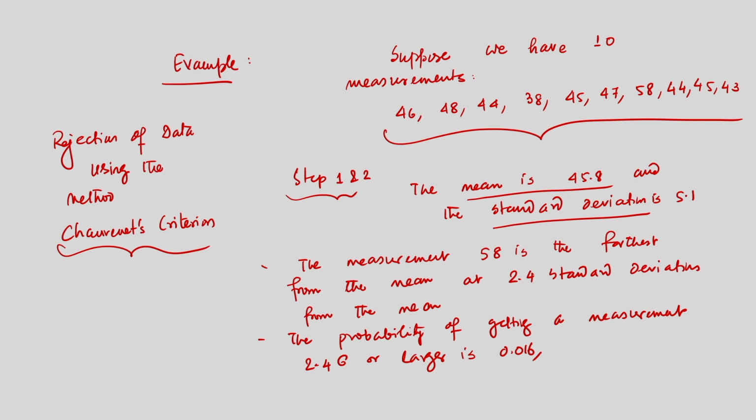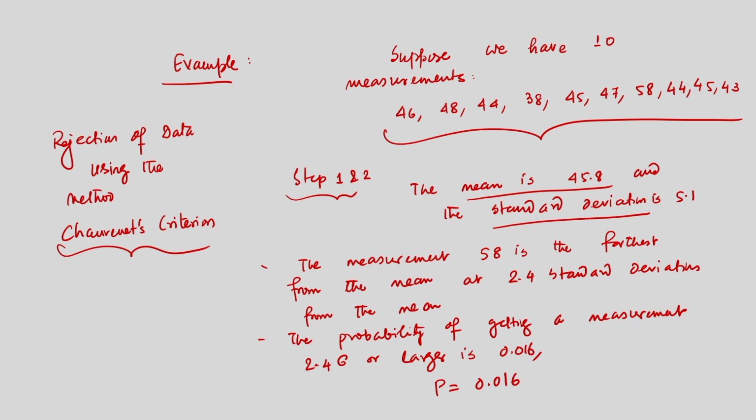Following Chauvenet's criterion, we have calculated the mean and standard deviation, and the error Ti for each data point. We find that 58 is the farthest, so that error is maximum.